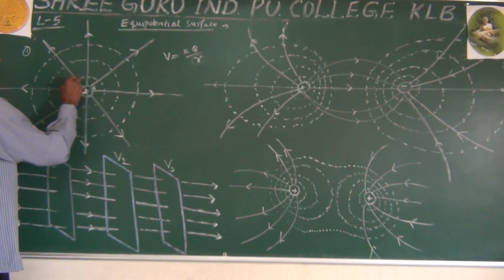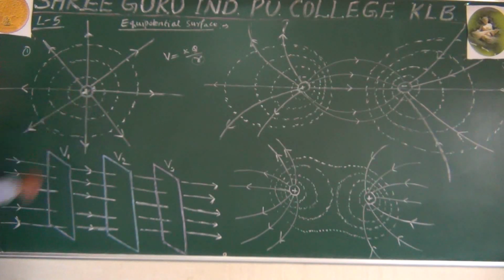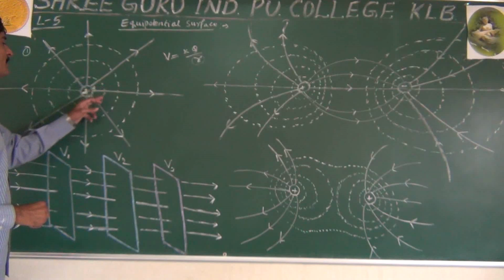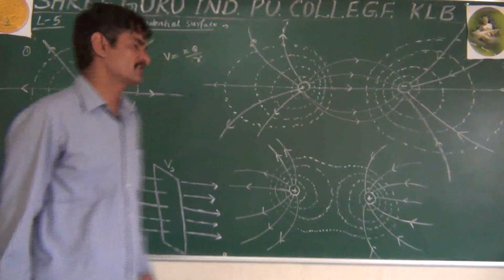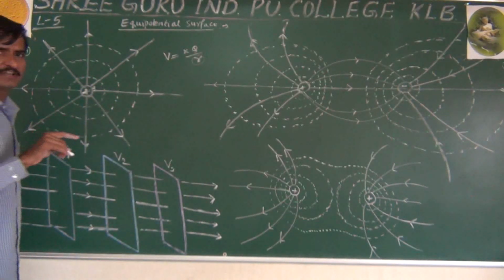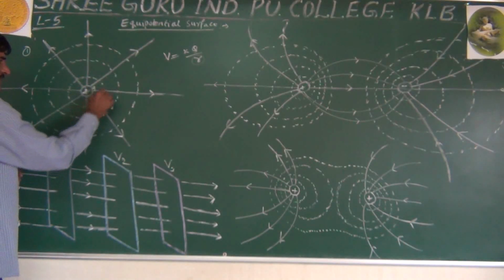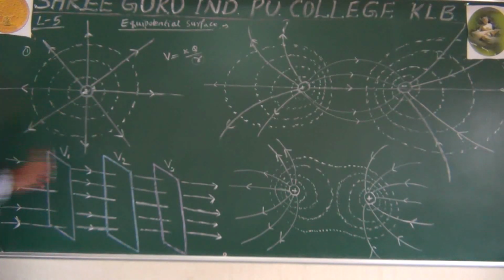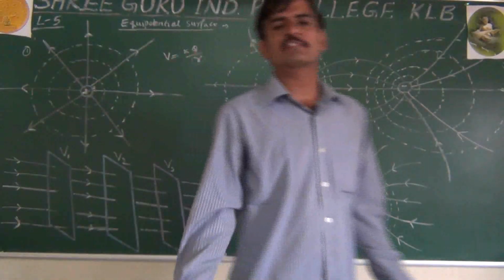If we draw all the points which are equidistant from the plus Q charge, all those points will have the same potential. Join all the points having the same potential in a region, and that surface is called an equipotential surface.